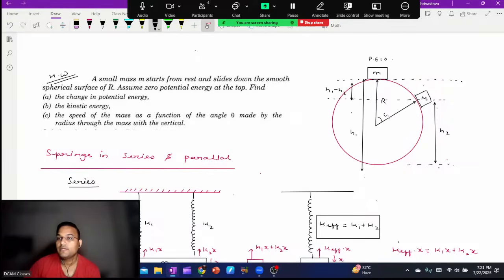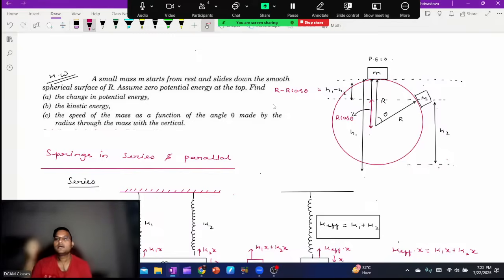And they have given that it has moved by an angle theta. So this distance from here to here is also radius, so this will be r cos theta. This is total r. So h1 minus h2 I can write as r minus r cos theta.